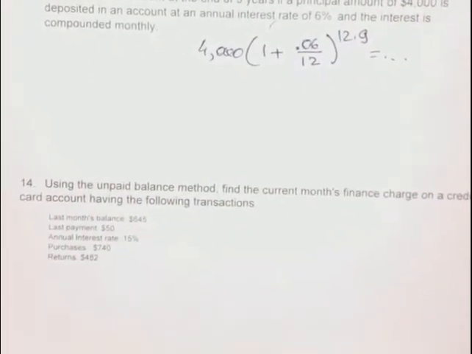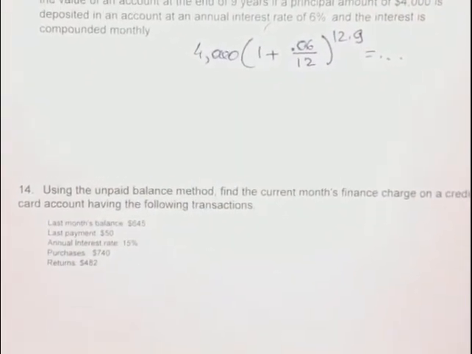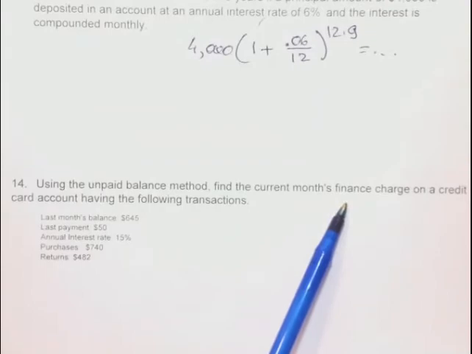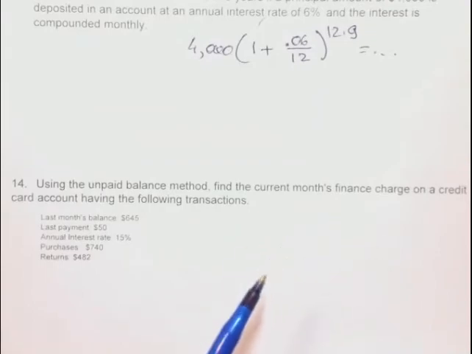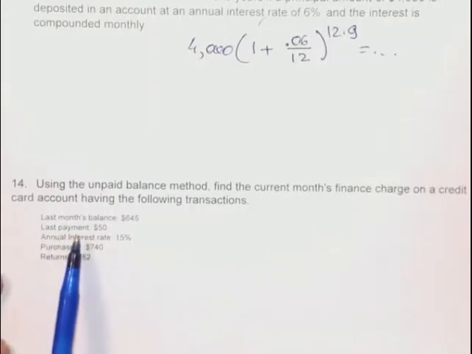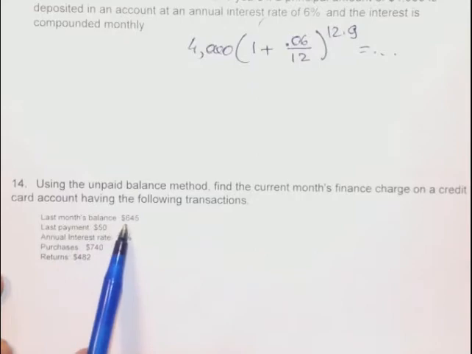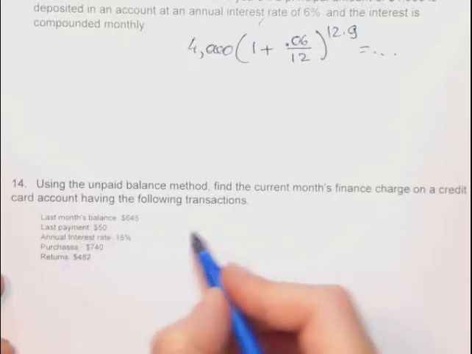So let us come to the next example. Unpaid balance method. We want to find the current month finance charge. So the current month finance charge will appear on the bill for the next month. So last month balance is 645.